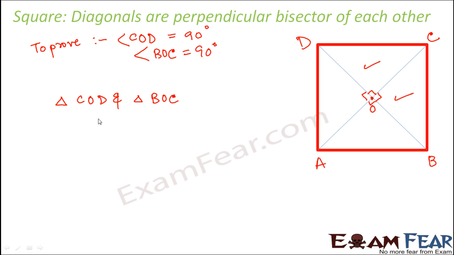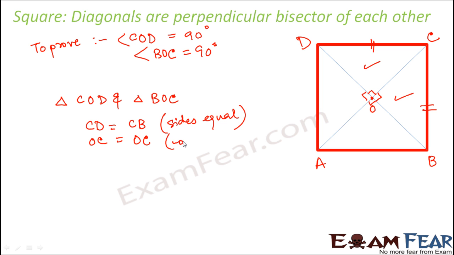So in these two triangles we see that CD is equal to CB because all sides in a square are equal. So squares have equal sides. Again OC will be equal to OC, which is common. So this is OC. So this is going to be the common side. And then DO is equal to BO.